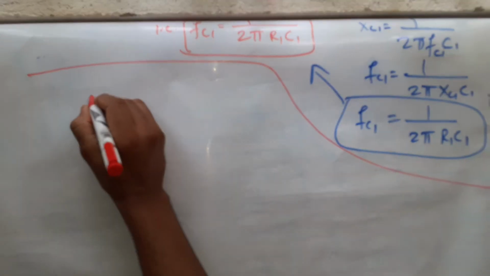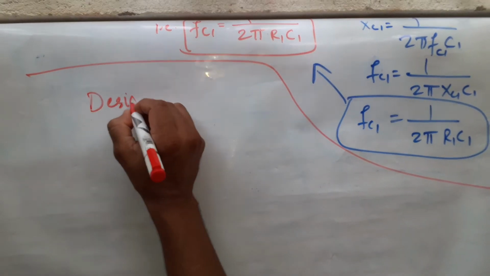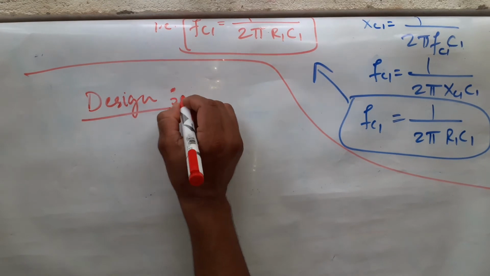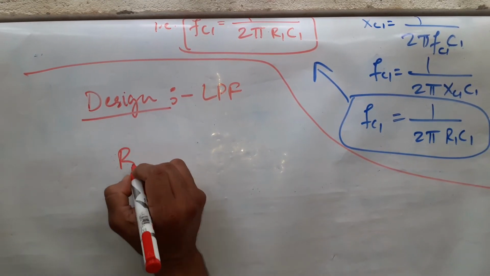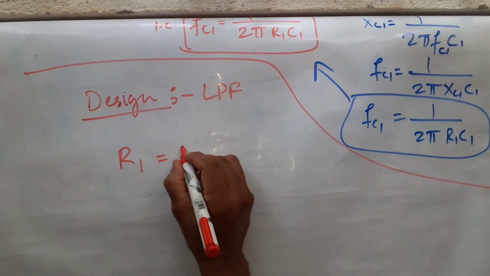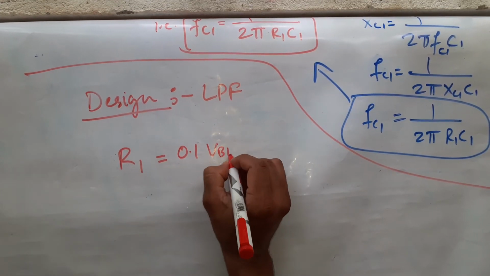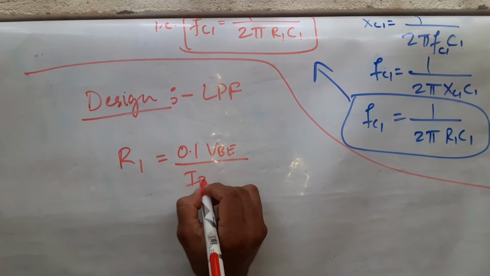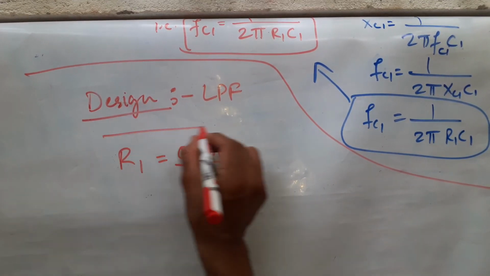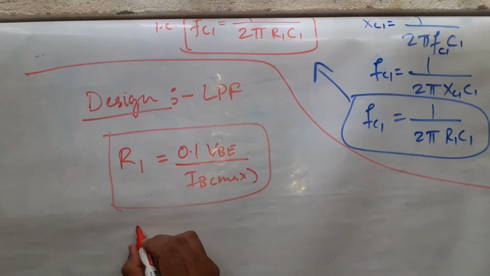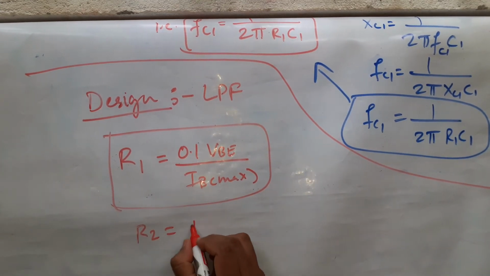So finally, the design I want to write. Design for the low pass filter, where how will you get R1? R1 you have to get like this: 0.1 VBE divided by IB max. You know what is VBE voltage, what is IB max current? This is what R1 is. What is R2? R2 is equal to R1.